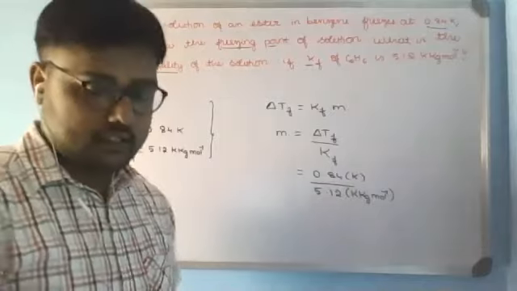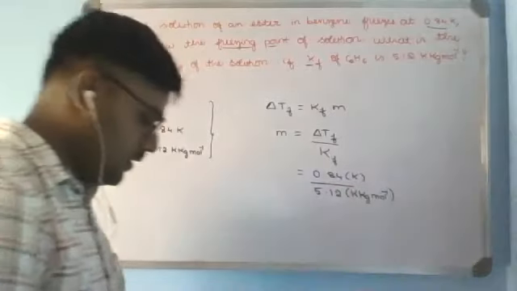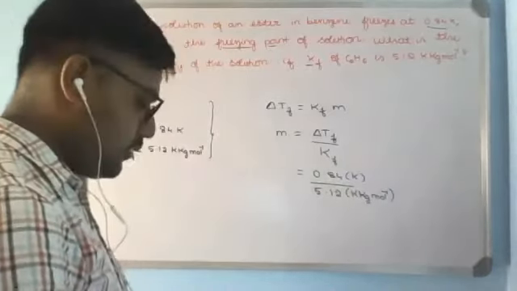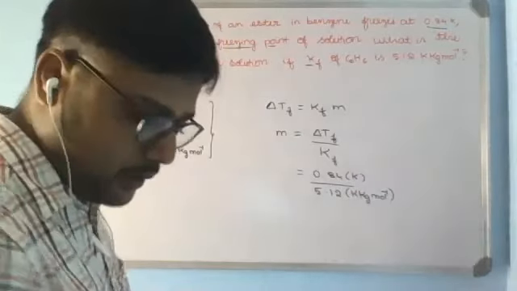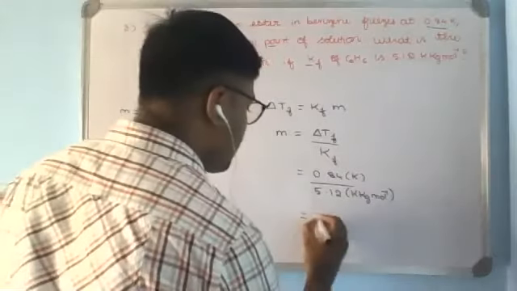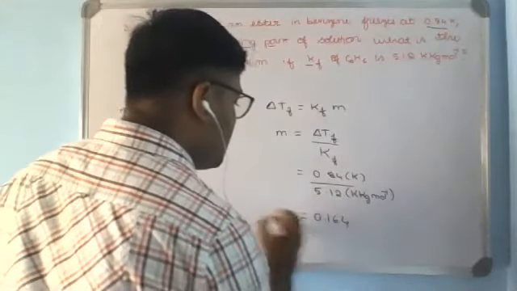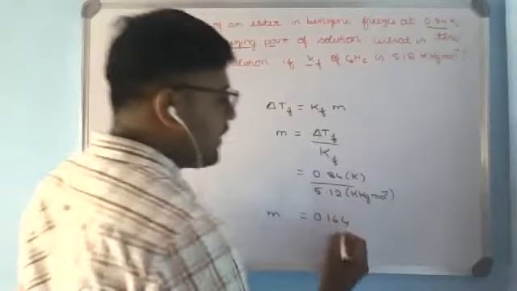Now, if we solve this, it is 0.84 divided by 5.12, that is equal to 0.164. So molality of the given solution is 0.164.